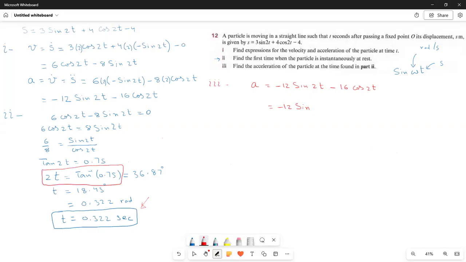So I will say sine, and 2t is tangent inverse 0.75, minus 16 cosine, and again it is tangent inverse 0.75. And if I use my calculator and do all these calculations, it comes out to be minus 20 meters per second squared. So this is the final answer.